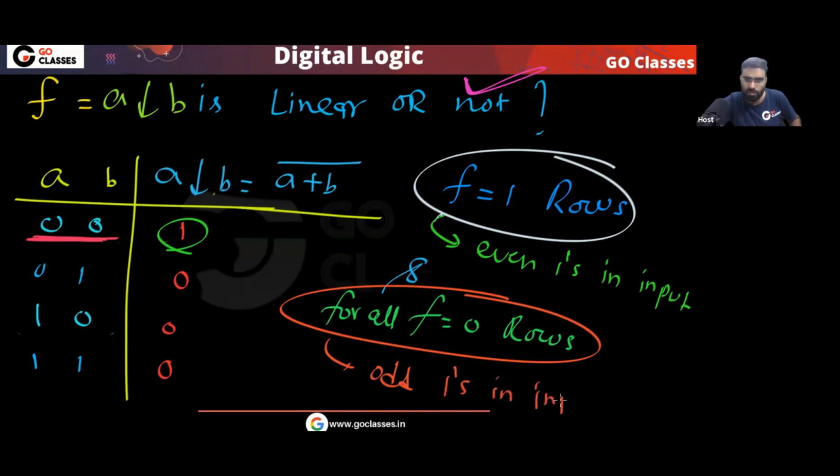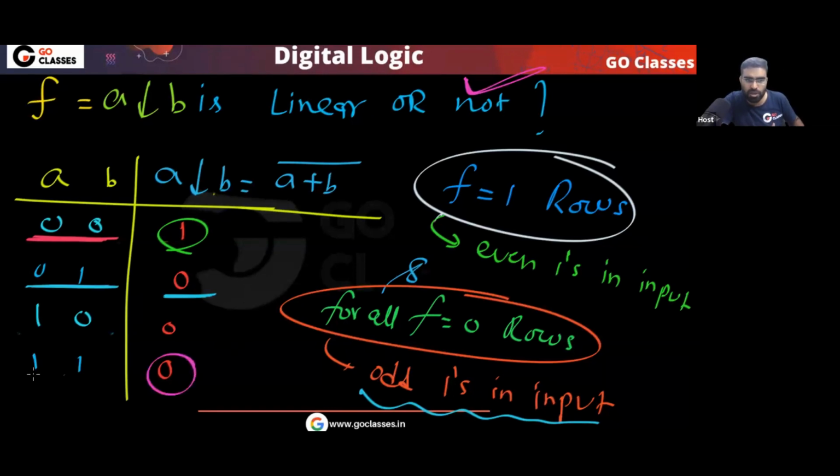Are you having an odd number of ones in the input? Whenever f is 0, you must have an odd number of ones in the input.